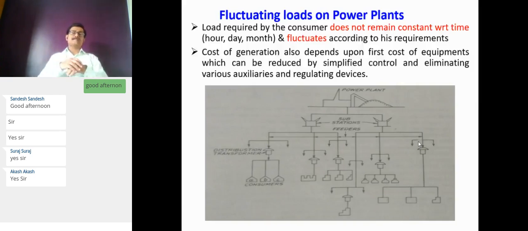And once you return in the evening, maybe all the electrical equipments, all the fans, tube lights, radio, television, such kinds of electrical appliances, you will be operating. So line number 1 justifies that the pattern by which you consume the energy does not necessarily remain the same in a day.